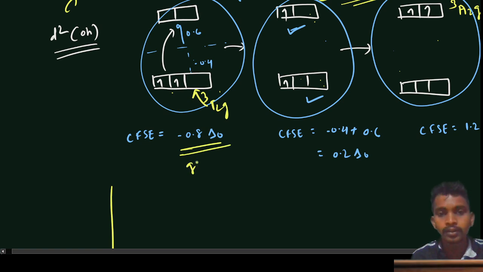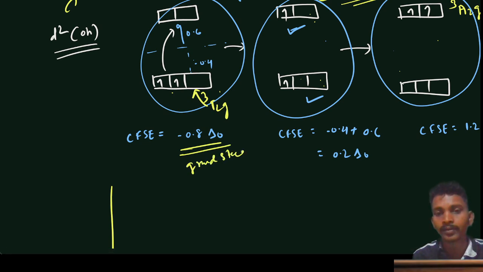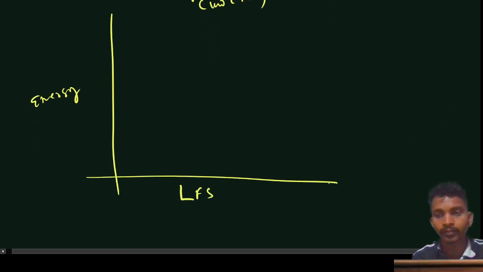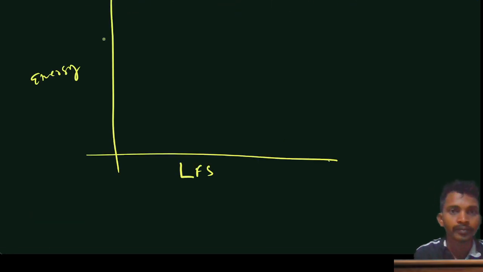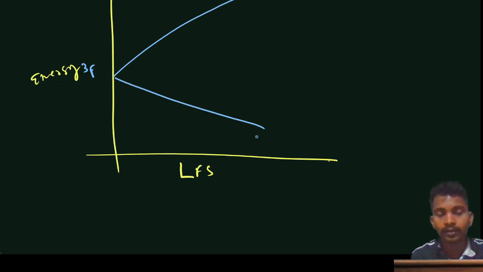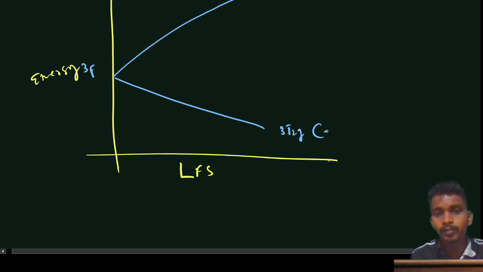This is the ground state, meaning low CFSE. So for F3, this has the molecular notations, one is here, another is here. This is the 3T2g, and its CFSE value is minus 0.8 delta naught.